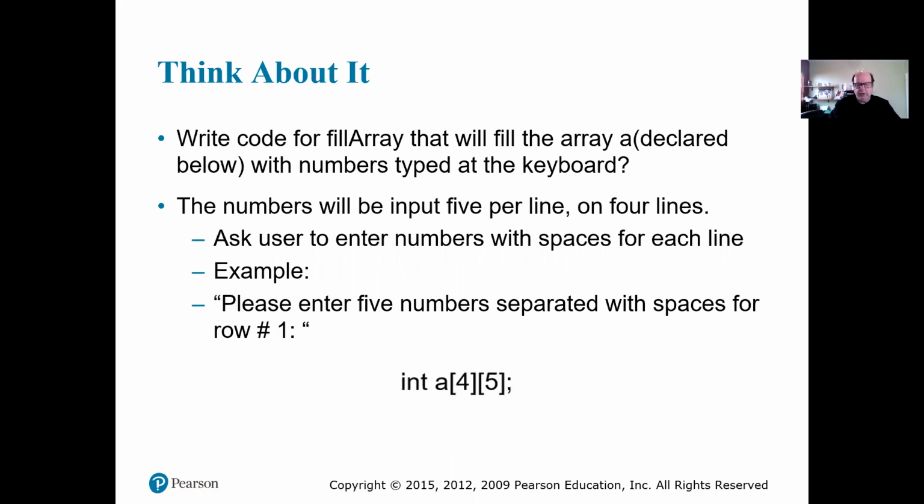We are going to ask the user to put all the columns in one line. So you're going to have line 1, line 2, line 3, line 4. That's all you're going to have. If you start with 1, 1, 2, 3, 4, you're asking the user for 5 numbers separated by space. Don't worry about checking it for now. We just want to practice on it. And then we fill up this array.